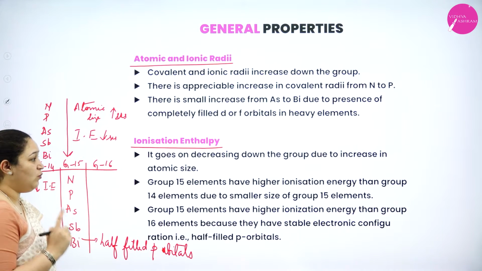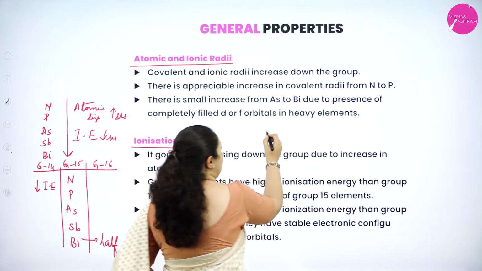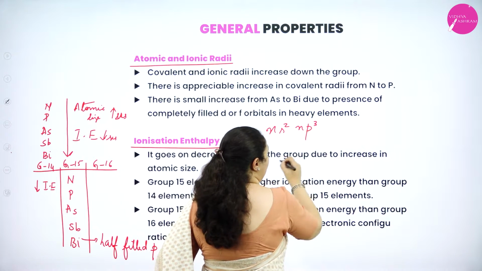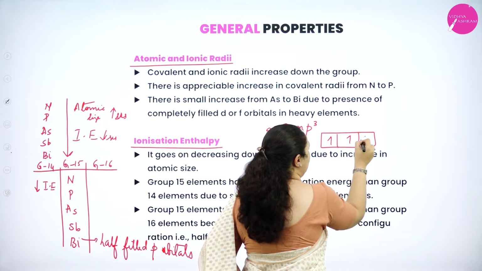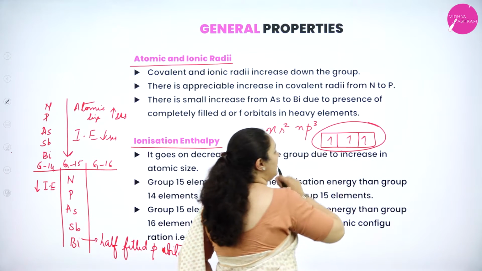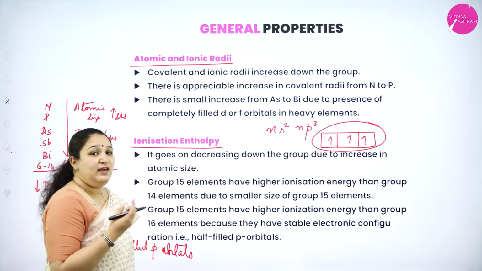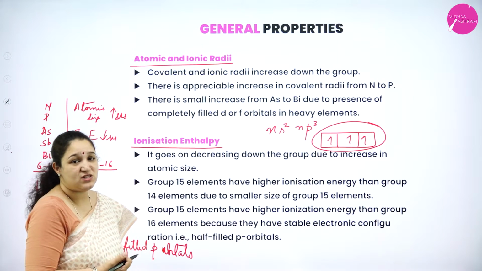I told you all what is the valence shell electronic configuration. It is ns2 np3. So in the p shell, if you see 1 2 3, they all are having half filled p orbitals, and when any atom has got half filled p orbitals, it is extra stable.